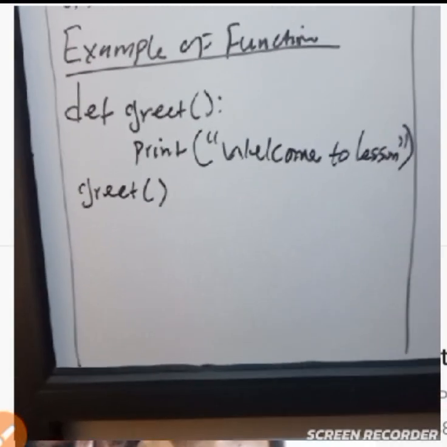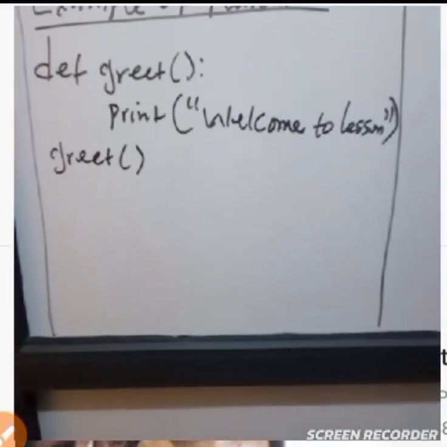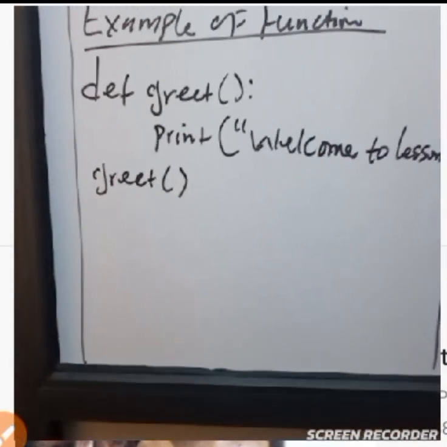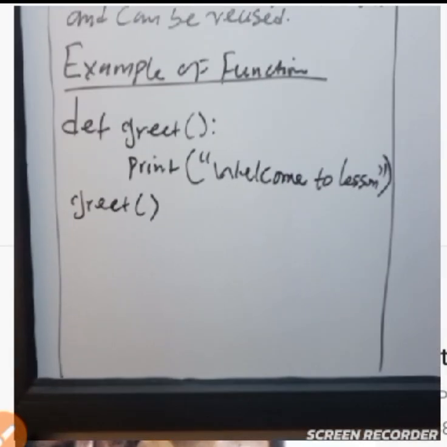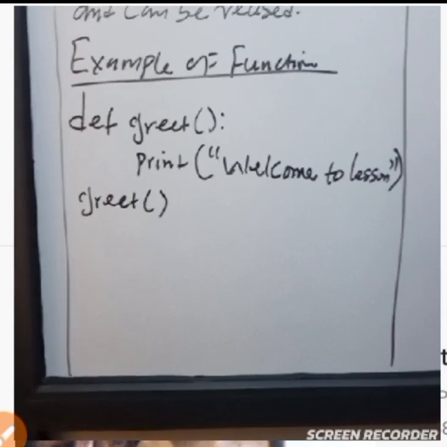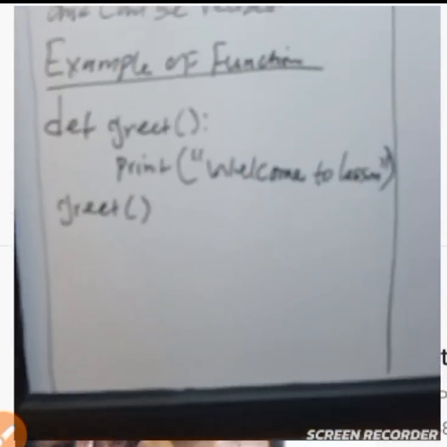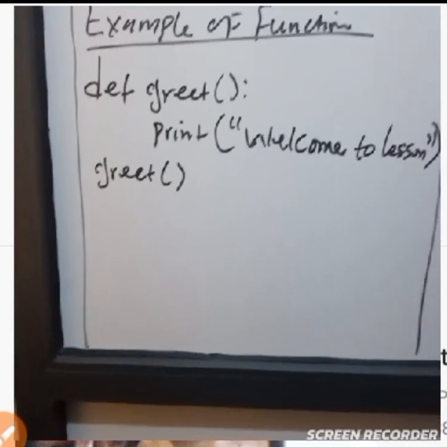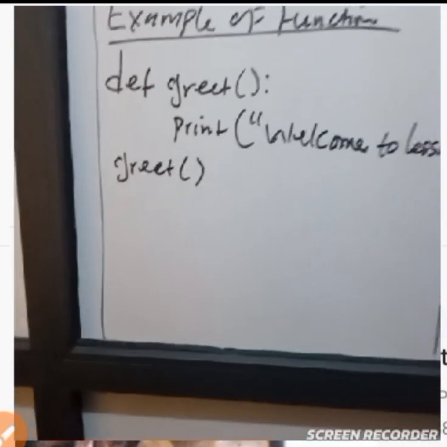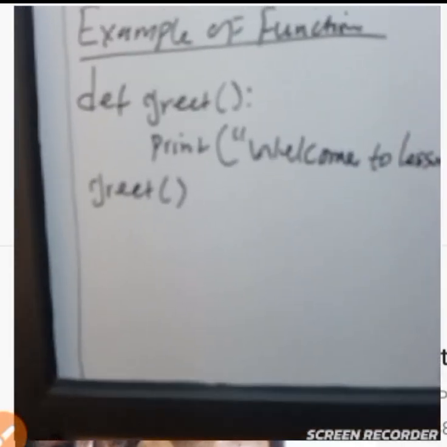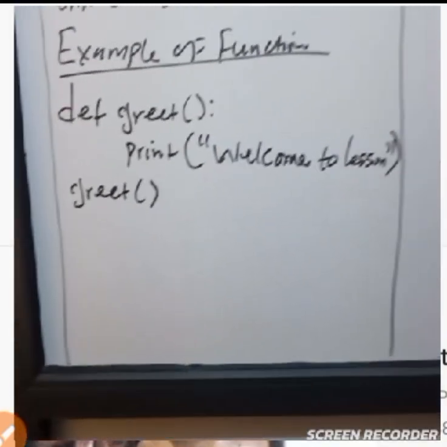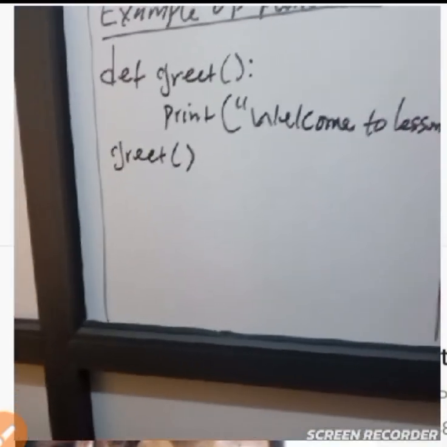Now, an example of a function. We have def greet, you open your bracket and close it with your colon. On the next line under greet, you write print, open your bracket, and say "Welcome to lesson", with your quotation marks as you see it there.